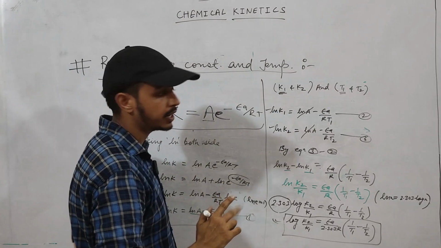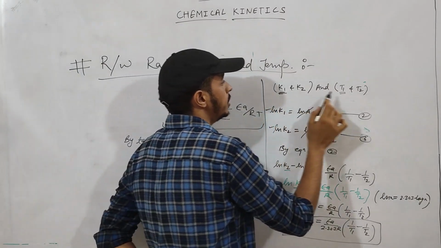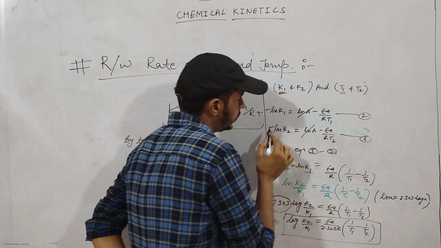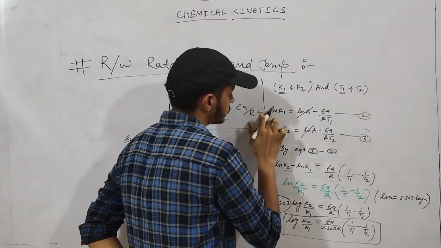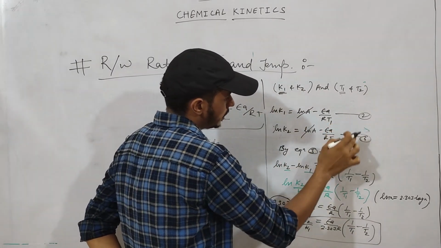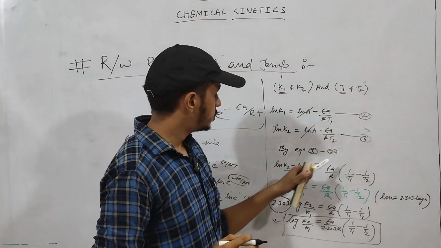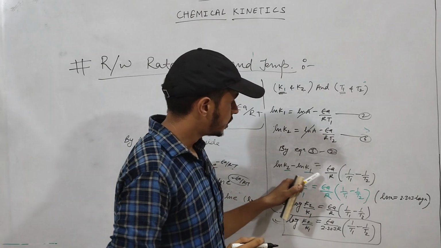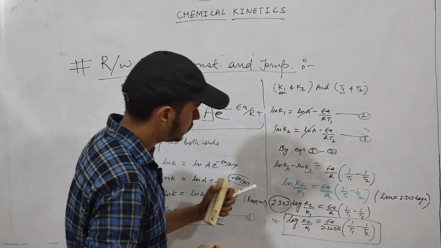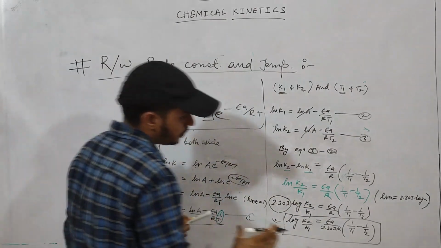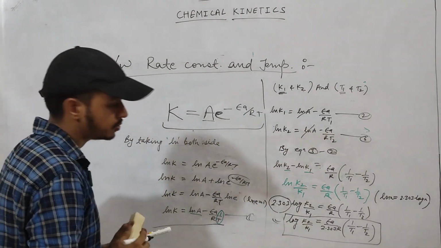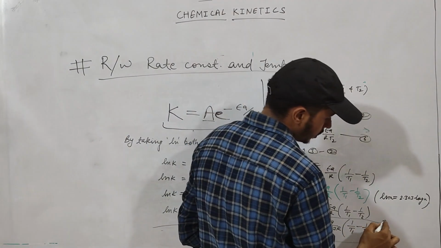Now taking two different conditions of rate constant k1 and T1 and k2 and T2, we will derive two different equations. So this is equation second and this is equation third. By equation third minus equation second, it will become ln k2 minus ln k1, and we will further solve this and the final result will become this. So it is a very important result, you can mark it with a star.